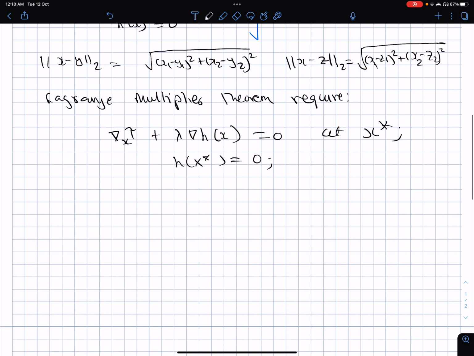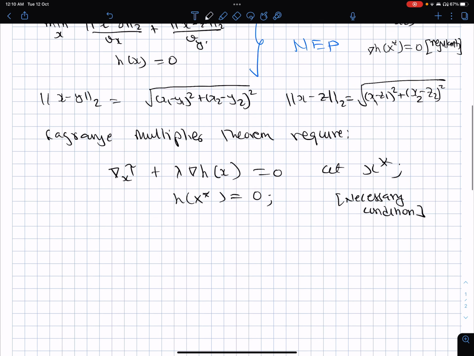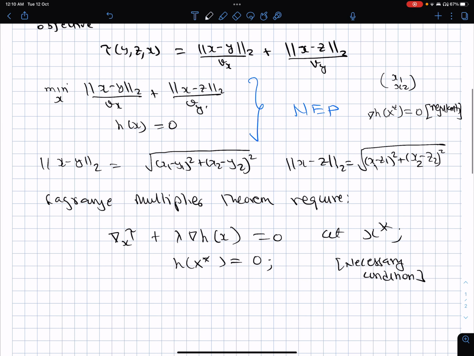Is it not? All this is the necessary condition. Let's not worry right now about the sufficiency condition. Let us just worry about the necessary condition.